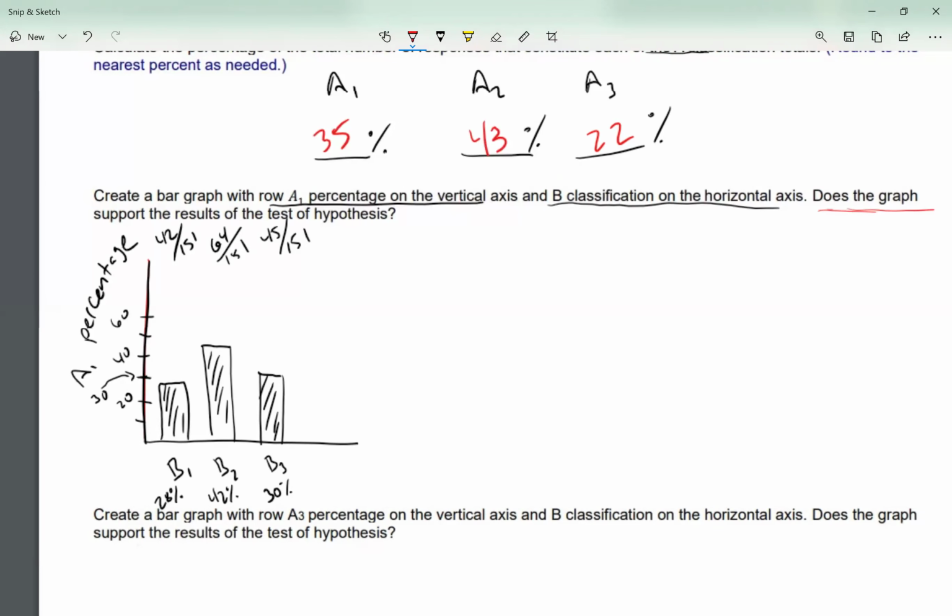Looking at the graph, does the graph support the result of the test hypotheses? The test hypothesis basically was the percentages are going to be different. My bars are going to be different. Now, we talked about a difference and a significant difference. Remember last week, to remind you what we did: let's say one of you asked me, Mr. Leon, I think I have a 75% in your class.